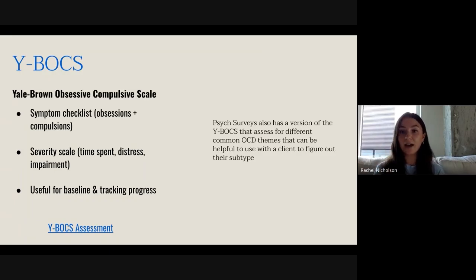And from that, you'll get an idea of what type of OCD this client is struggling with. So they might have no contamination OCD whatsoever, but they might have a lot of, let's say, relationship OCD. That's where a lot of their obsessions lie. So I've used this before with clients who are new to OCD and don't really know what their OCD themes are. This is a good one to use with them.